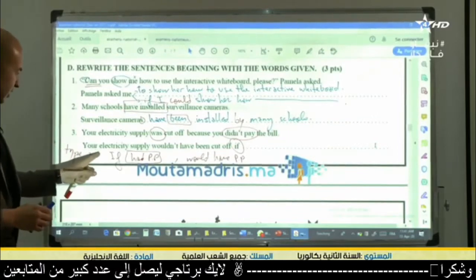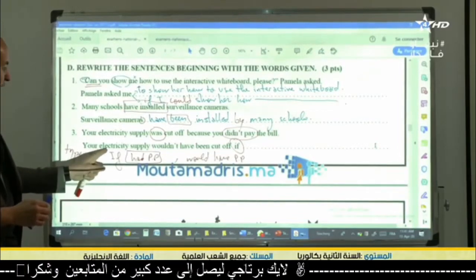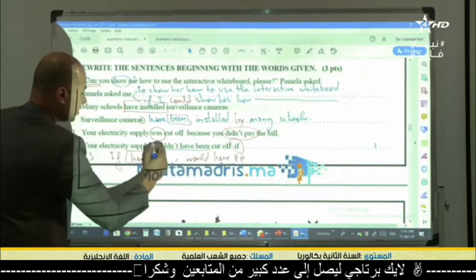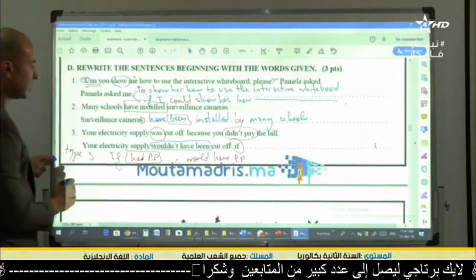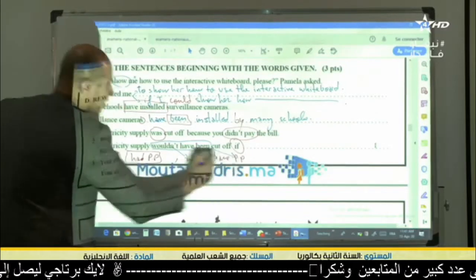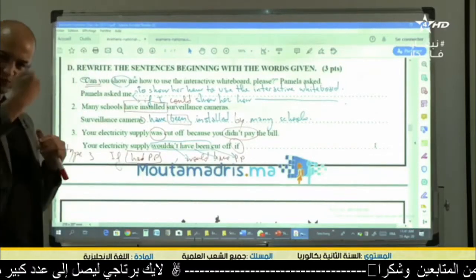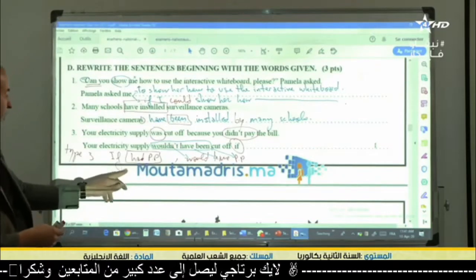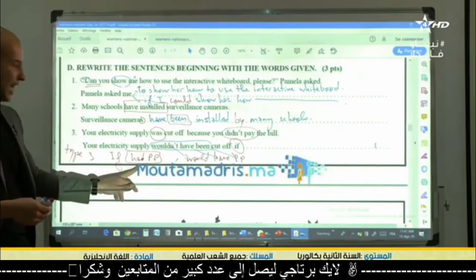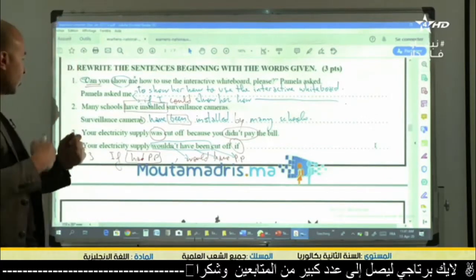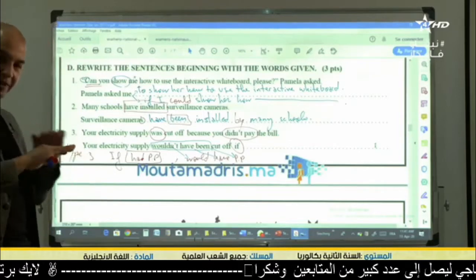If you look here, your electricity supply wouldn't have been cut off. Wouldn't have been. So we have wouldn't have been cut off. That's the other part of the sentence. Now we need if. What comes after if? We need had. So the problem is you did not pay. So your electricity supply wouldn't have been cut off.